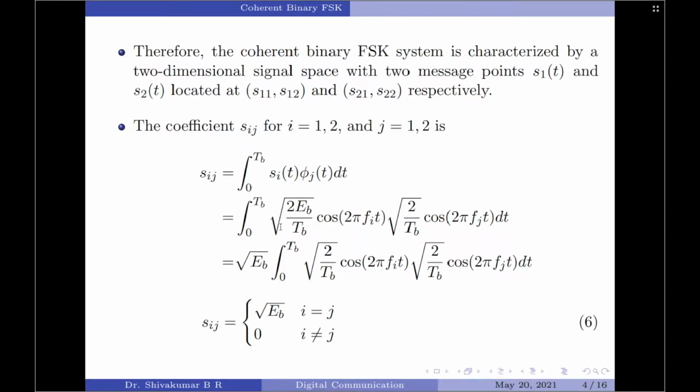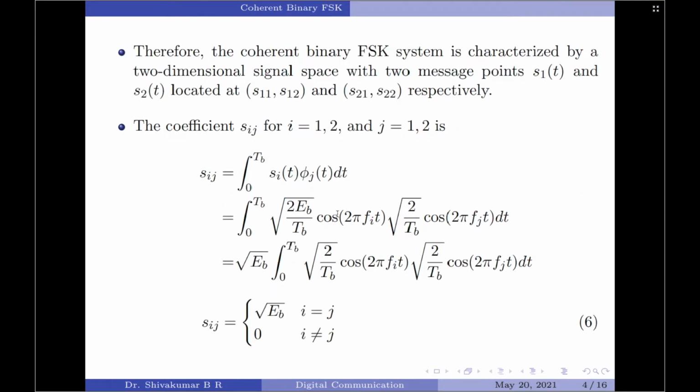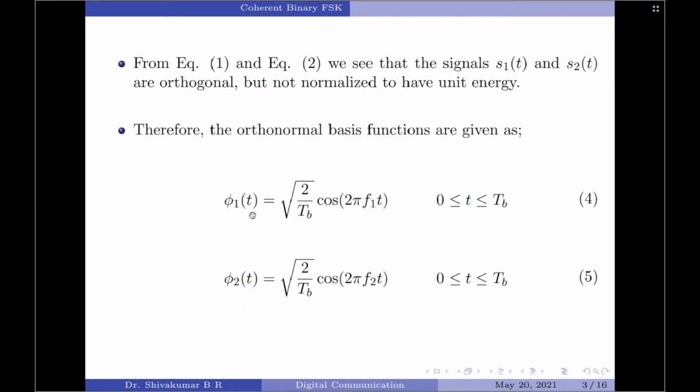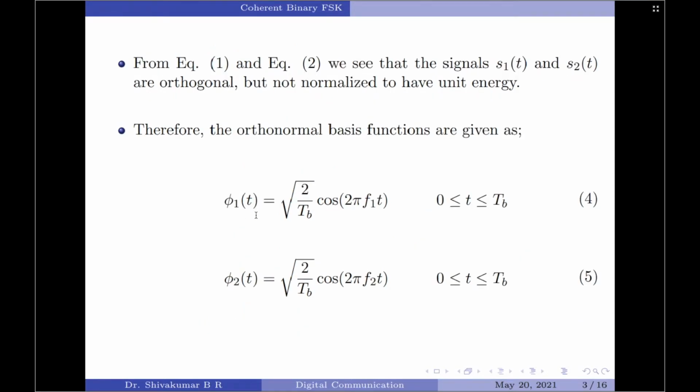Now, we note that the orthonormal basis function phi 1 is of the form square root of 2 by Tb cos 2 pi f1 t. We have the same part appearing twice here, so I can write it as phi 1 square of t. Then applying the integral, we have integral 0 to Tb of phi 1 square of t dt, which is nothing but the energy of the signal phi 1 of t. As we already said, phi 1 of t and phi 2 of t are orthonormal, which means they have unit energy.